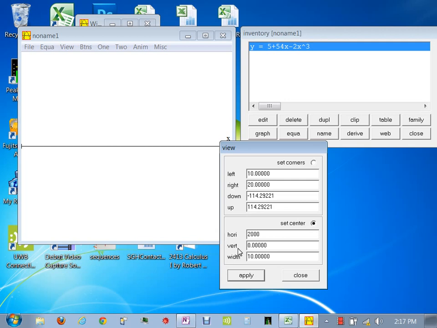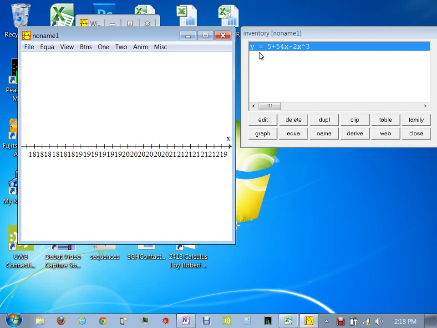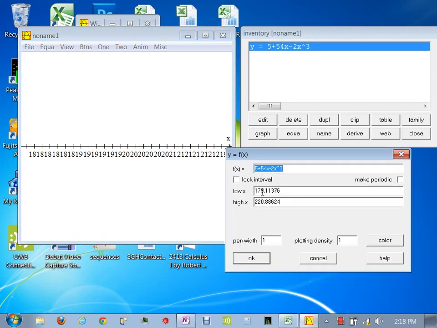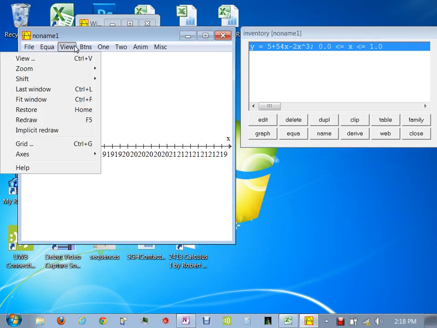Let's make this 200. This is all screwed up, folks. Sorry. Let's do this. What was the interval? 0, 4? Lock this interval. Try it again. Zoom.